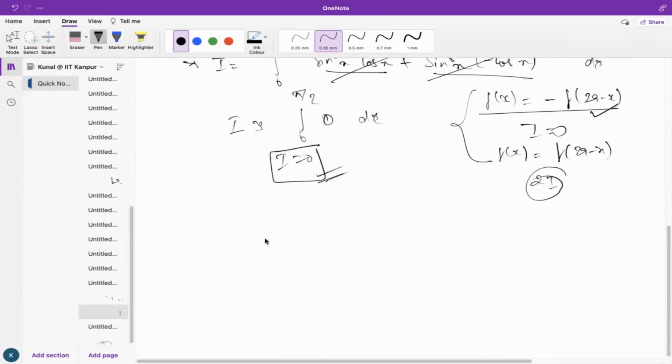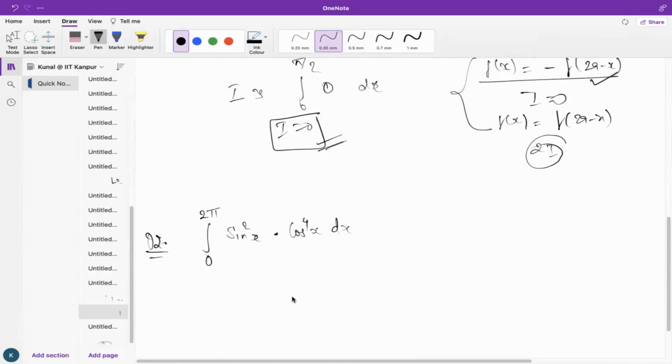Let's move on to the second problem, which looks like this: we are integrating from 0 to 2 pi, right? And our integrand looks like sine square x times cos to the power 4x dx. Now look here.